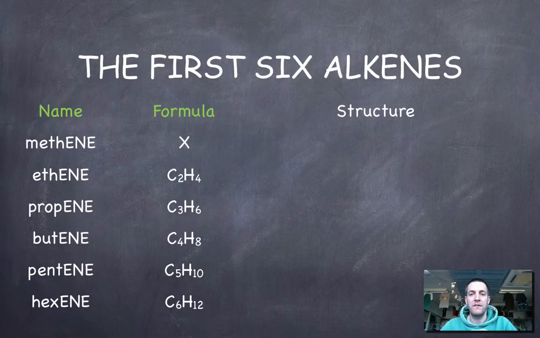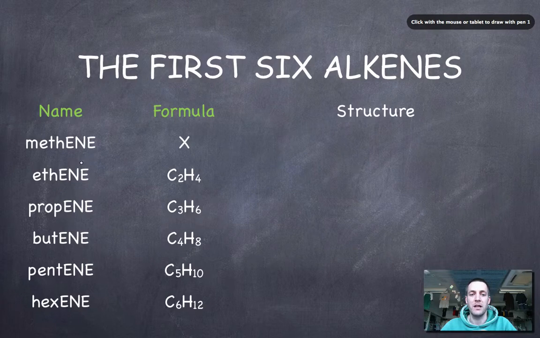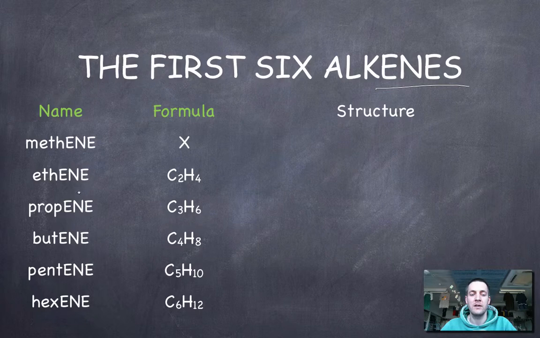Okay, here are the first 6. Well, really it's the first 5, because the first one doesn't exist. The prefixes are the same as before, so I've put in capitals the suffix, the ending of the names. So because these are alkenes, they all end in "ene", whereas the alkanes ended in "ane". Once again, you can see that they've got the first 6 prefixes: meth, eth, prop, but, pent and hex.